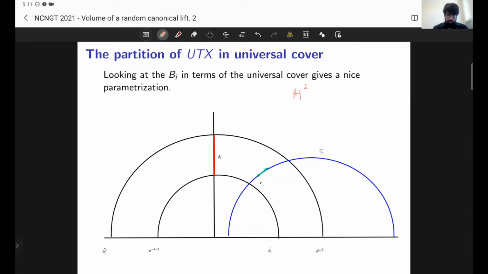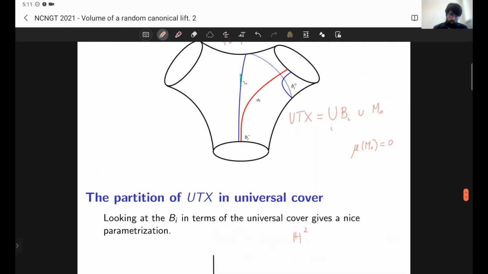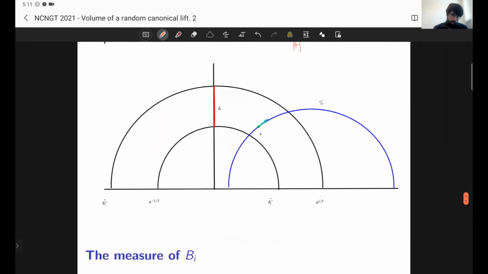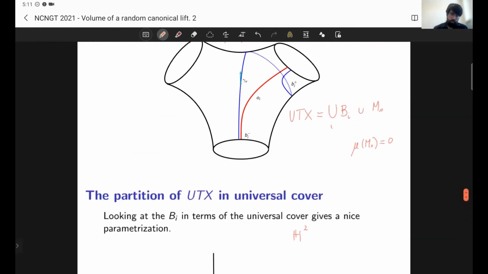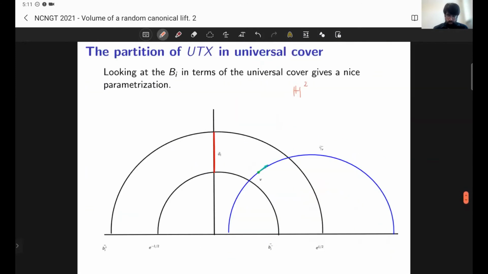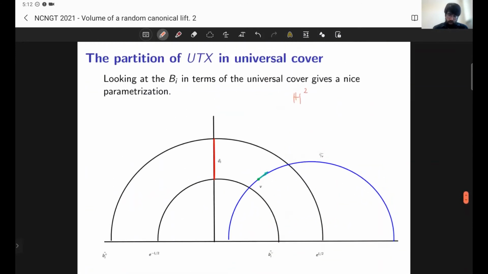Let's suppose that this inner semicircle corresponds to the lift of this boundary component, whereas the bigger, outer semicircle corresponds to the lift of the other boundary component. Then a point is in V_i if its lift lies between these two semicircles.